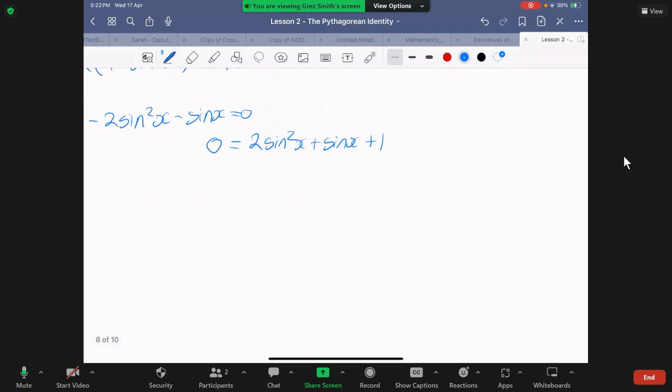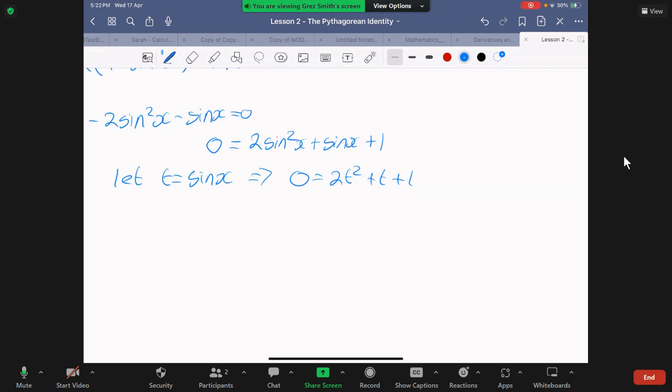What some people like to do is let t equals sine x and do a substitution. So this would give us 2t squared plus t plus 1. You see the quadratic. Some people can work with the quadratics directly in terms of sine x. Other people like to do the substitution and then move back again afterwards.